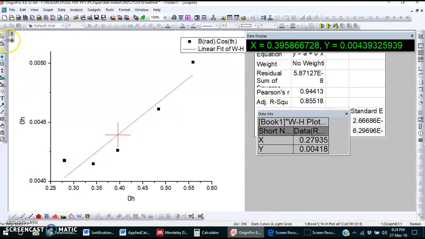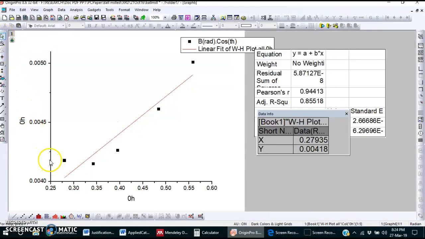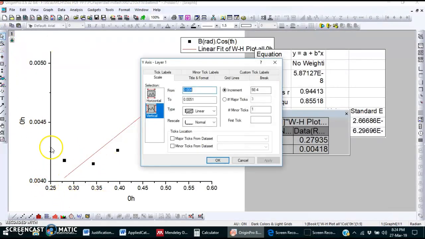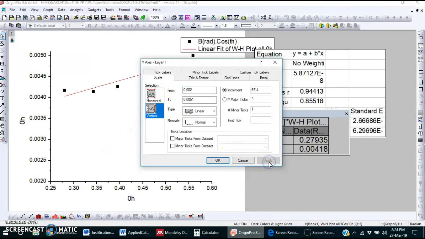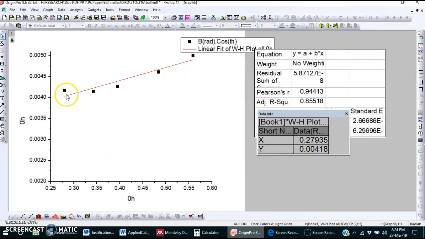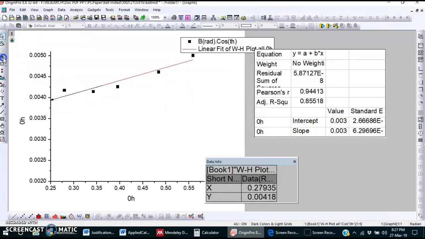We can also change the axis parameters from 0.004 to make it 2, like this. Then extrapolate this. Now check the value here.